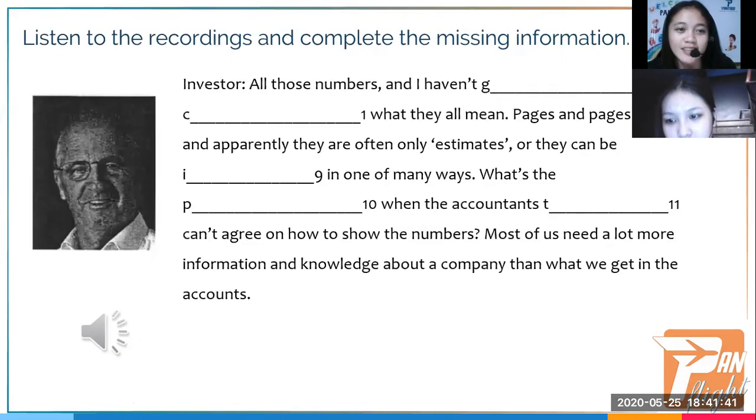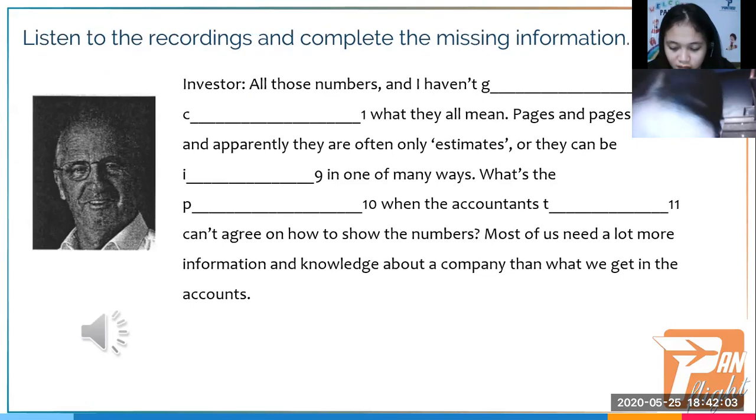Investor: All those numbers, I haven't got a clue what they all mean, pages and pages of them, and apparently they are often only estimates, or they can be interpreted in one of many ways.